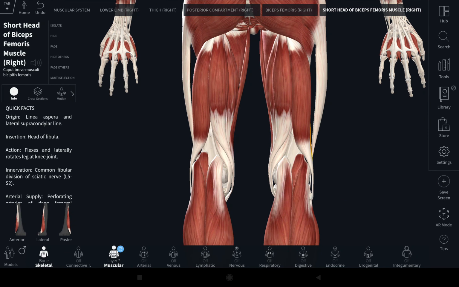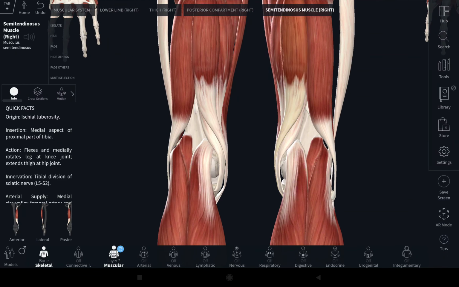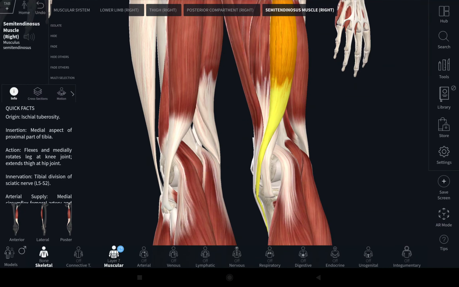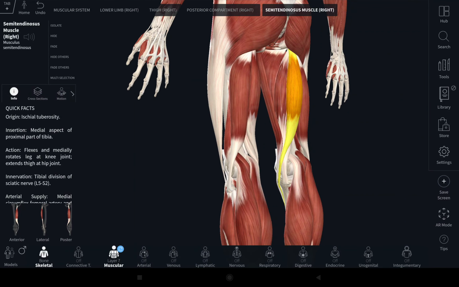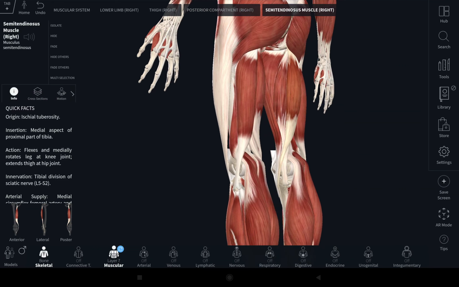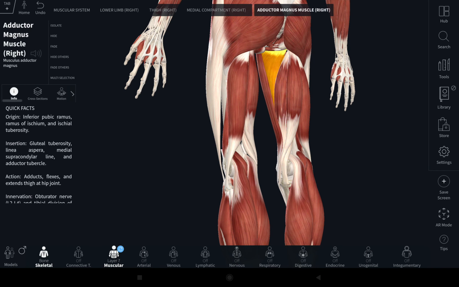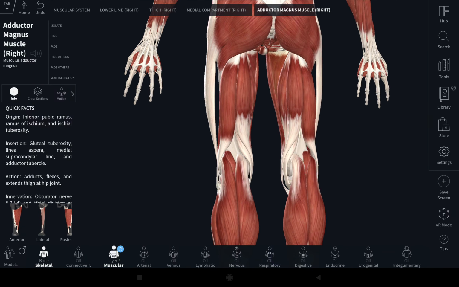And the medial muscles of the thigh are the semitendinosus muscle. Look, this is the semitendinosus muscle, and this is the semimembranosus muscle. And this muscle is the adductor magnus muscle from posterior aspect.